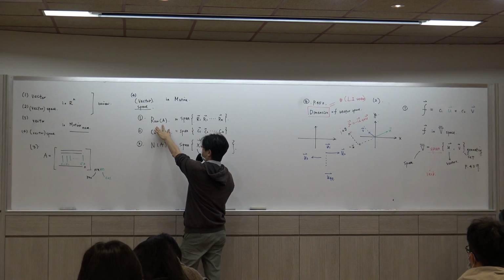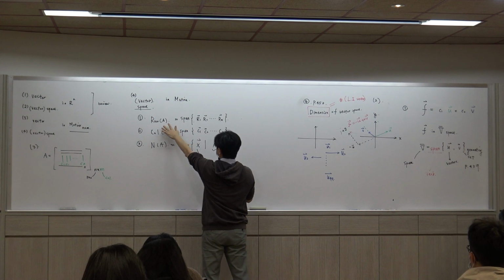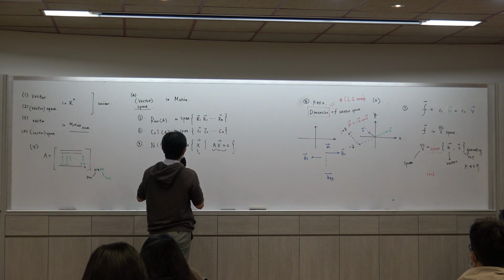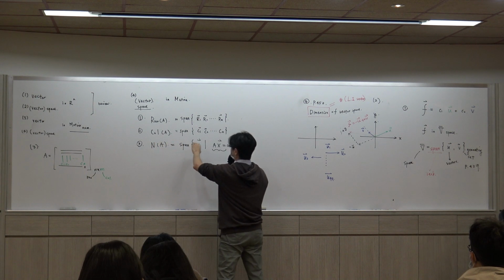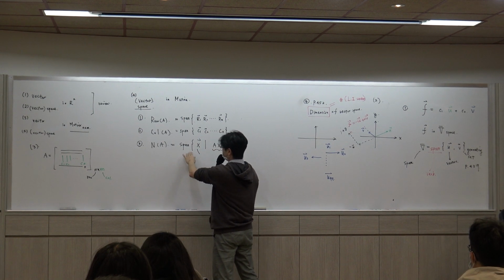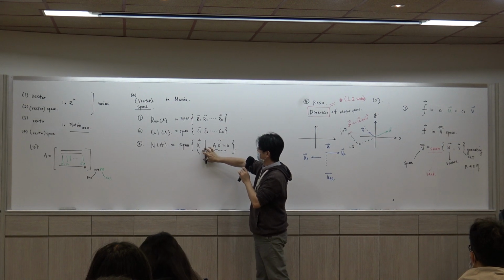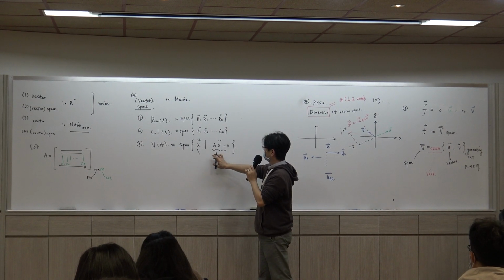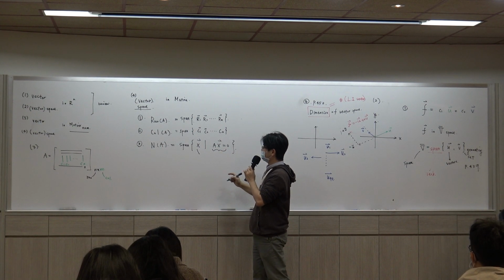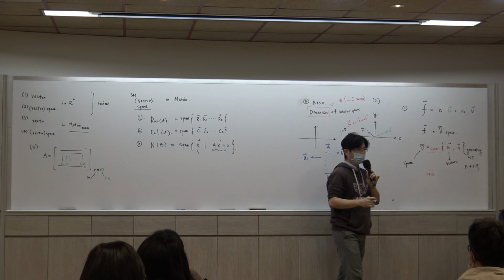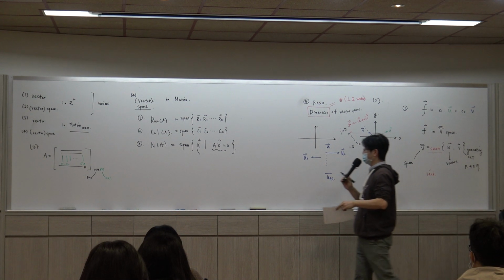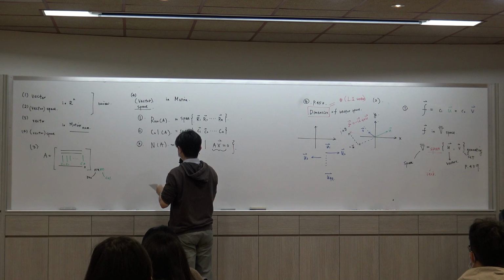The first is the row space, spanned with the row vectors in the matrix, and the column space is spanned with the column vectors, and the null space is spanned with the zero solution. The solution is based on the formula AS equals 0. So here we would like to use an example to learn more on this issue.